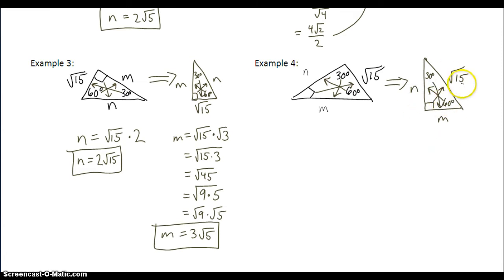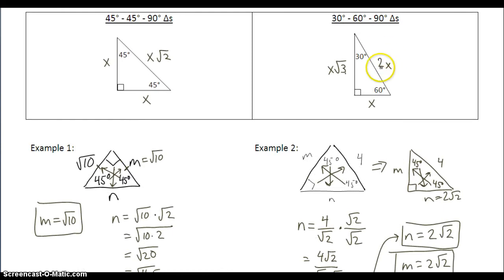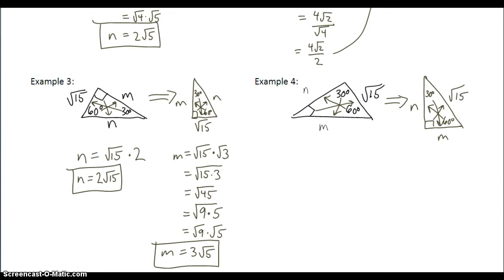So in this example, I know my hypotenuse. I know the 2x side. So if I knew the shortest side, to get to the biggest side, I'd multiply by 2. To go the other way, I'm going to divide by 2. So to go from my hypotenuse to my shortest side, to m, I'm going to take the square root of 15 and divide by 2.